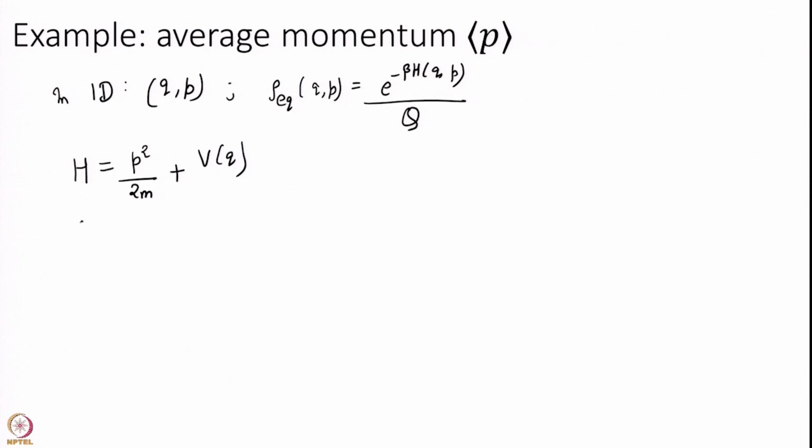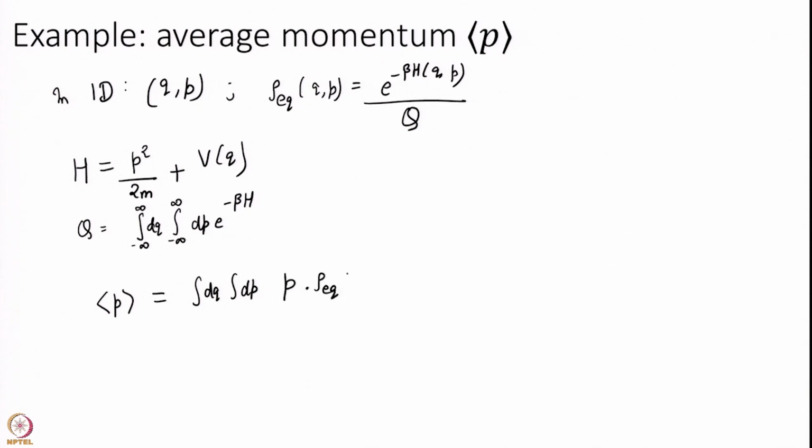And Q is the integral over dq, integral over dp, of e to the power of minus beta h. So, the average momentum as defined in the last slide is the integral dq dp of p, the quantity I want, into rho equilibrium.